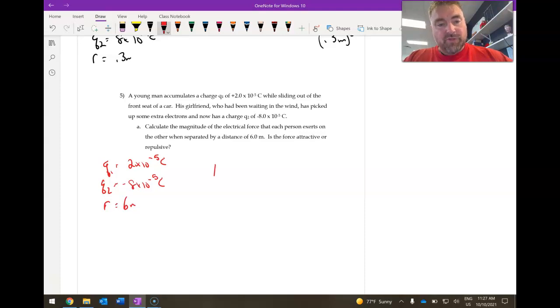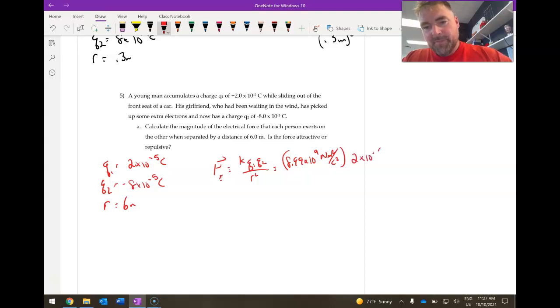So I'm going to use Coulomb's law. F_E is equal to K times Q1 Q2 all over R squared. So 8.99 times 10 to the 9th newton meters squared over coulomb squared, times Q1, which is 2 times 10 to the negative 5th coulombs, positive, and then the girlfriend has negative 8 times 10 to the negative 5th coulombs, divided by the distance between them, which we said was 6 meters, but don't forget to square it.